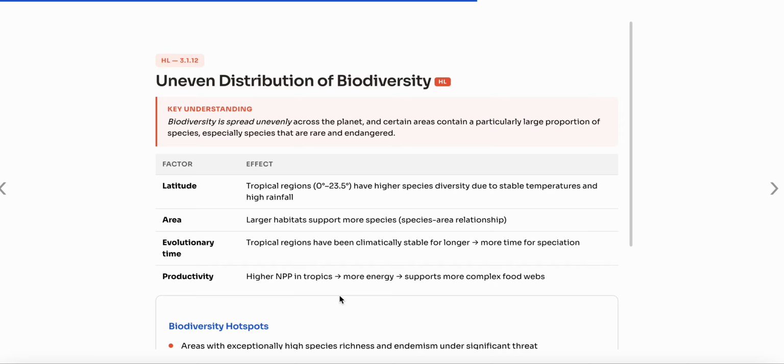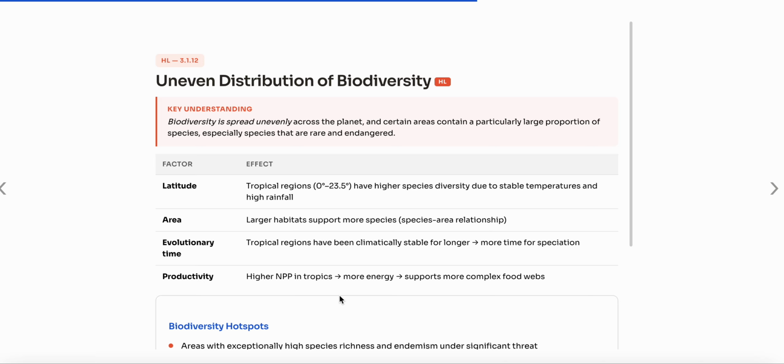Now, biodiversity is spread unevenly across the planet. There are certain areas where you will find very high biodiversity, and certain areas where you find very low biodiversity. Again, it depends on the environment, as we discussed in the previous video, where we talked about different biomes.